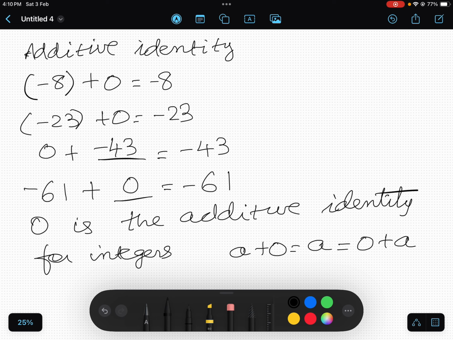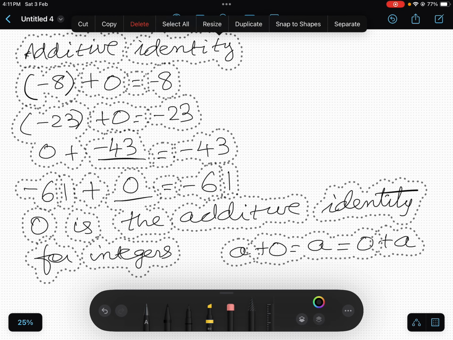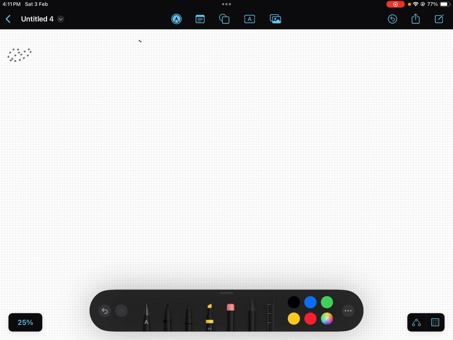Now let us do example 1 from the NCERT textbook. So let's see example 1. They have told, write down a pair of integers whose sum is minus 3.